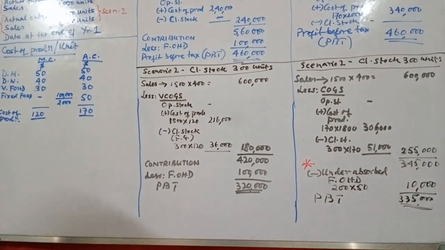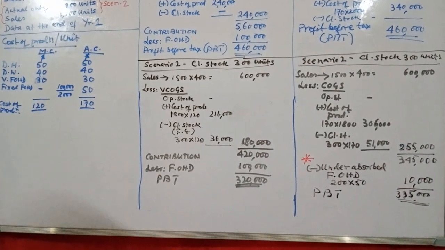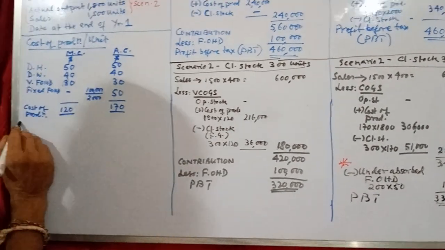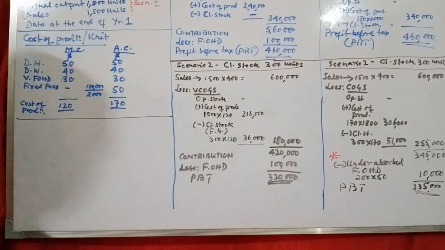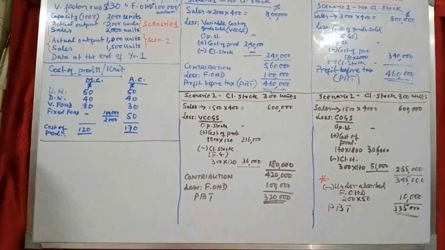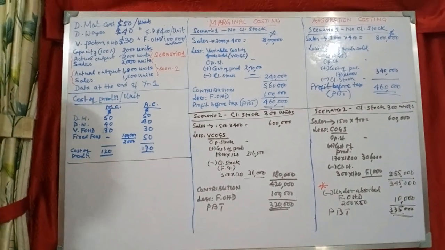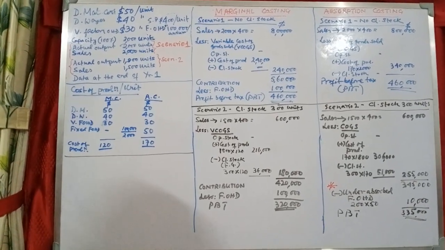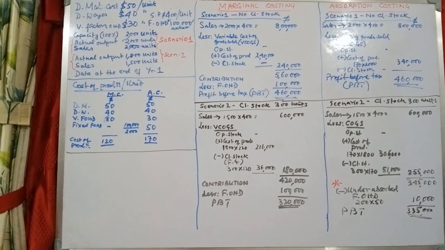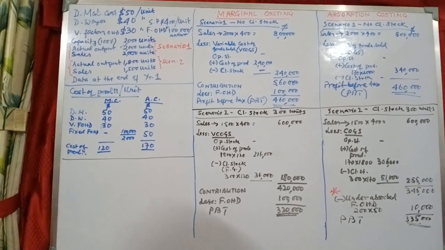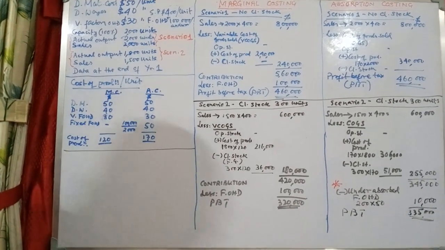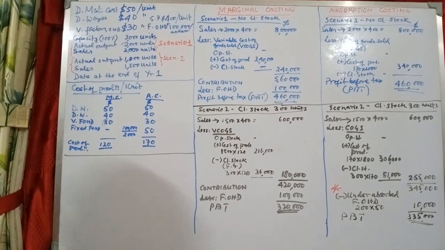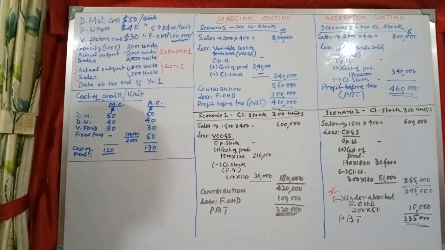Now we shall cross check, or reconcile, these two profits, as we have done in financial accounting. The bank reconciliation statement, BRS, where we reconcile the balance as per the bank statement with the balance as per the cash book of the firm.